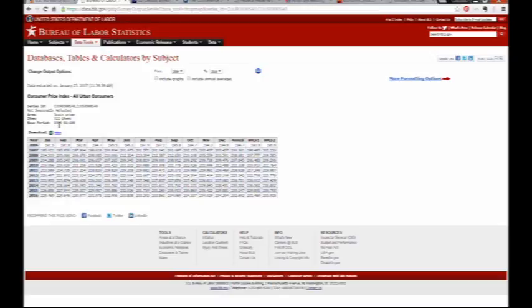In this particular index, the benchmark of 100 was set back in the period of 1982 to 1984. So if you went forward from 1984, that's kind of the baseline. What that would indicate is that since 1984, overall inflation has gone up about 130% in the South urban areas.